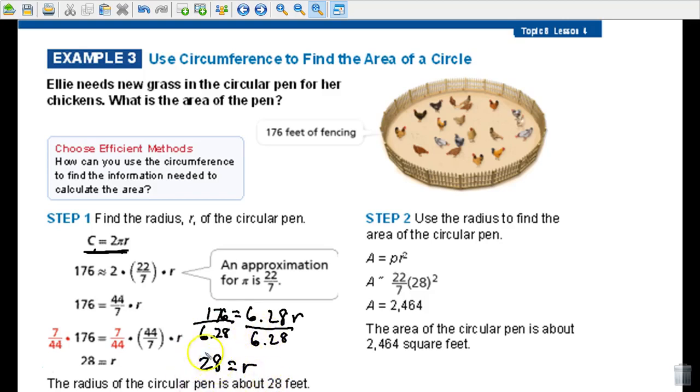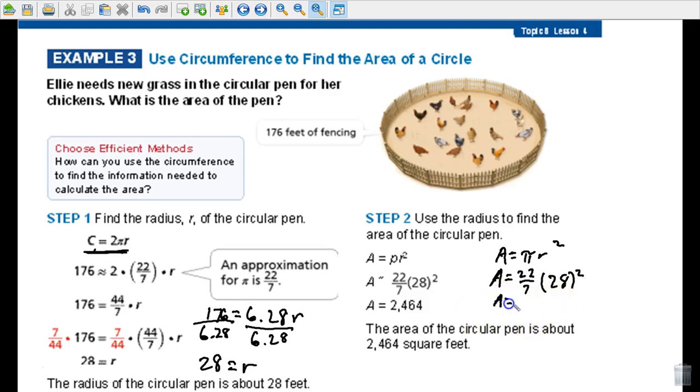At this point, we take the r, which is 28, and put it into our formula for area. So A equals pi r squared, and then A equals 22 over 7, I don't know why they keep using that, times 28 squared. So 28 squared is 784.